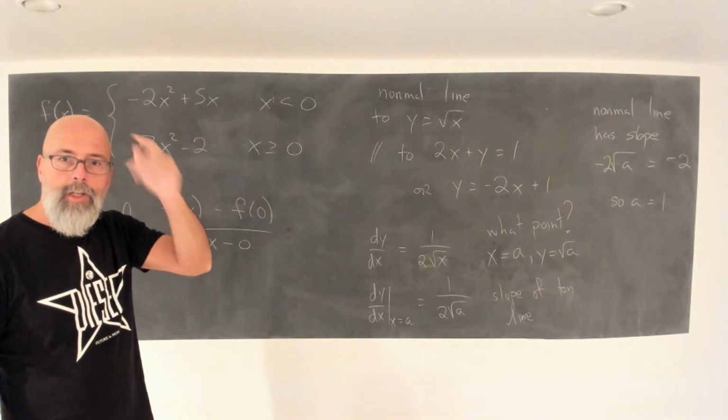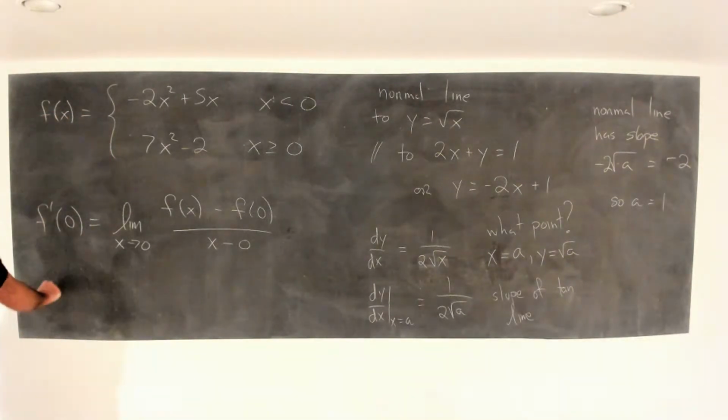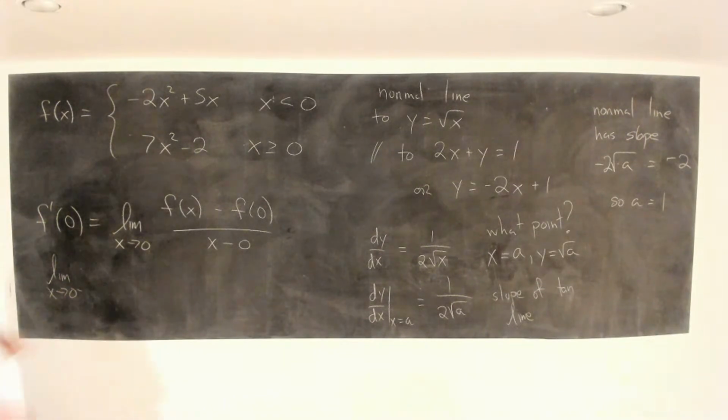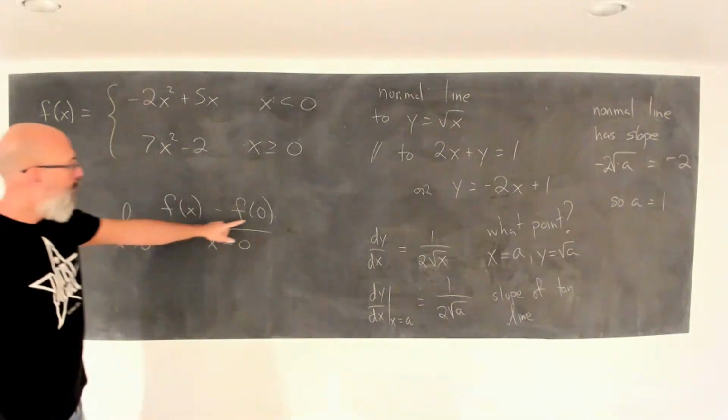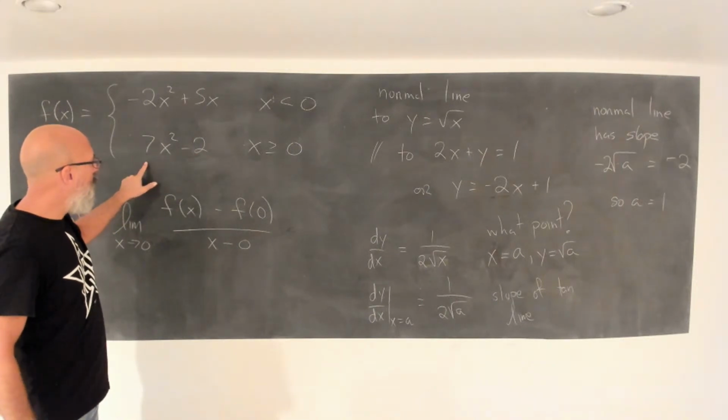So Hannah was saying if you plug in the left-hand limit, so if we just look at the left-handed limit as x goes to 0 from the left, first of all, f of 0 is minus 2.